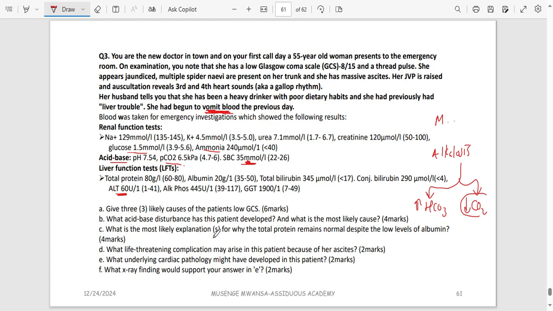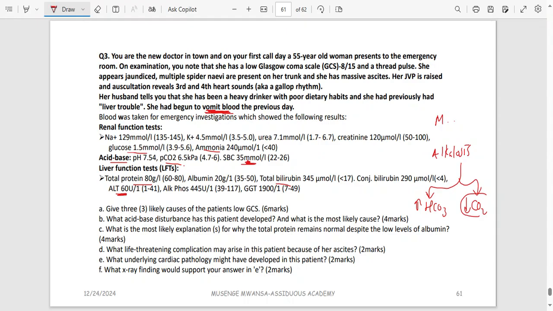And then what is the most likely explanation for why the total protein remains normal despite low levels of albumin? You can see here proteins are normal, albumin is low. Albumin is low because it's produced by the liver, and we have just seen that the liver is failing. So the next thing is that antibodies will start to accumulate, the globulins will start to accumulate.